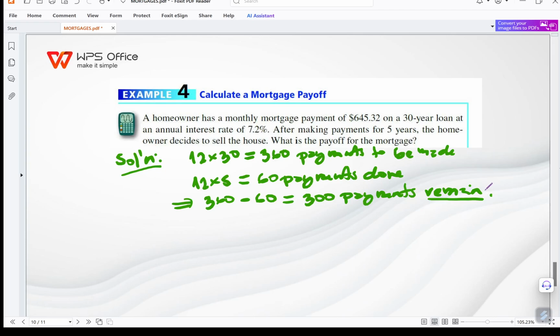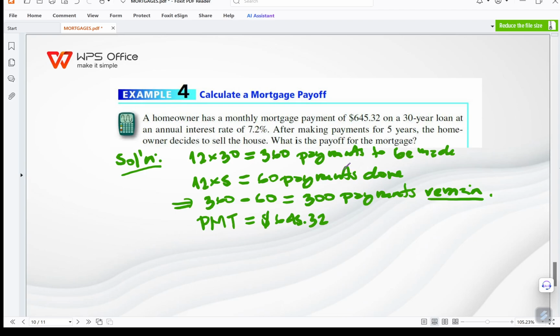But anyway, the homeowner decided to sell the house. So our PMT, the monthly mortgage payment, is equal to $645.32.